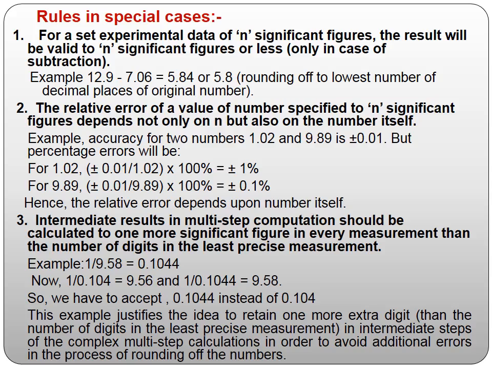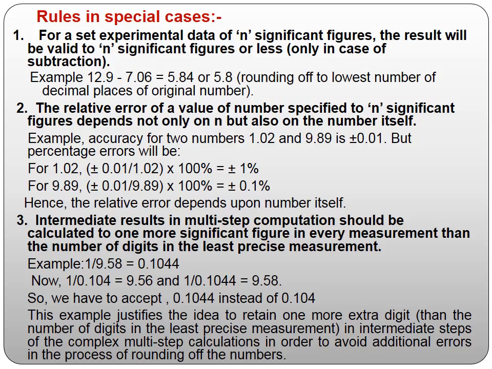And the third case: intermediate results in multi-step computation should be calculated to one more significant figure in every measurement than the number of digits in the least precise measurement.